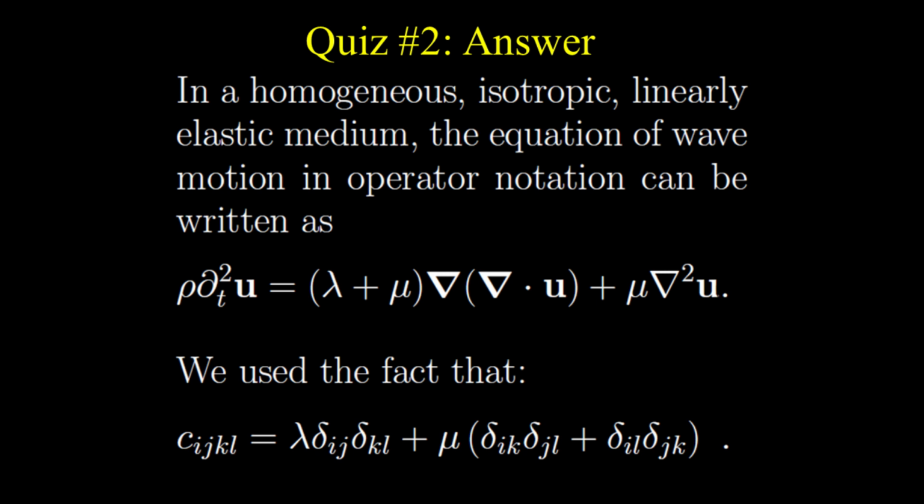We obtained this answer by using the stiffness tensor Cijkl for isotropic media, and by assuming that the Lamé parameters are independent of position. Note that we are going to use this solution for the remaining portion of this lecture, so please pay close attention.